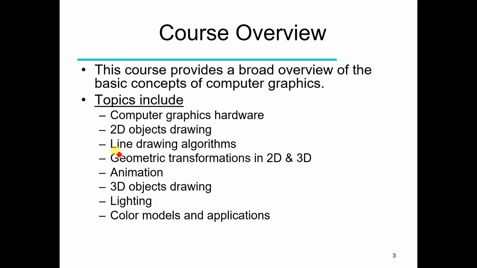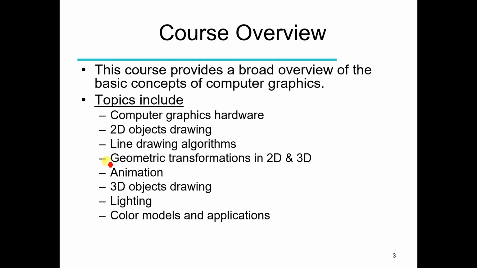Apparently it seems quite easy to draw a line on the screen, but if we look at the algorithm you will notice that this is not so simple a task. We have to set some parameters so that our algorithm is very efficient, using only integer computations. So this whole lecture is going to be about the line drawing algorithm.